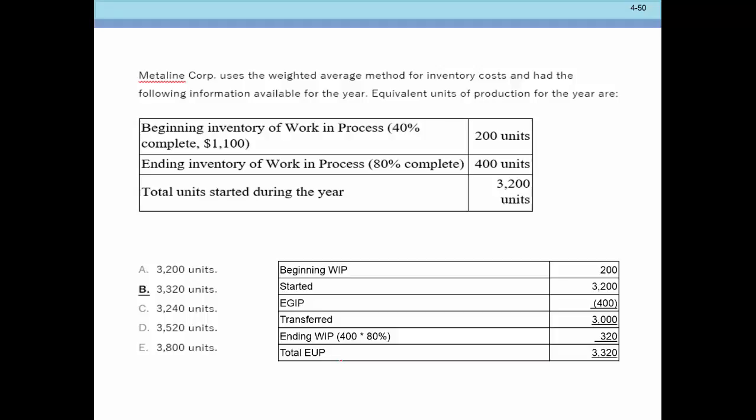Yes, the 40% complete, and we incurred costs in the prior period of 1,100. But be careful. We know we're going to stay away from that 40%, right? That's the shark that we're going to avoid. But the 1,100, we will pick that cost up when we calculate our cost per equivalent unit, right?